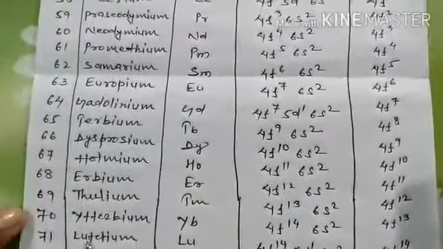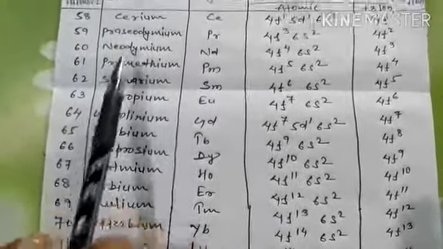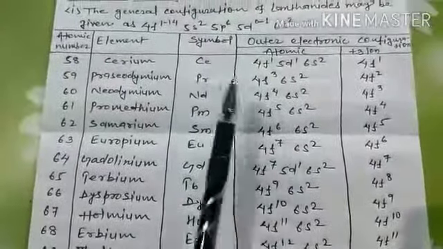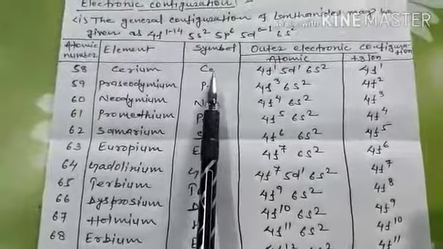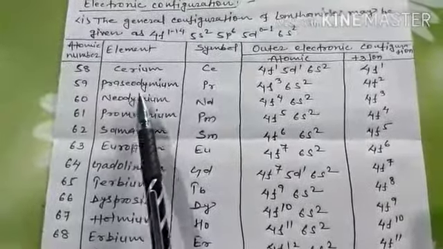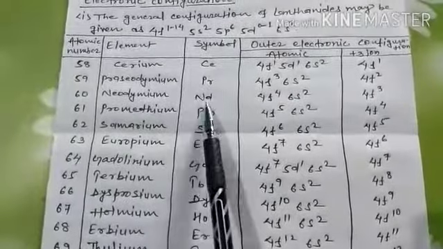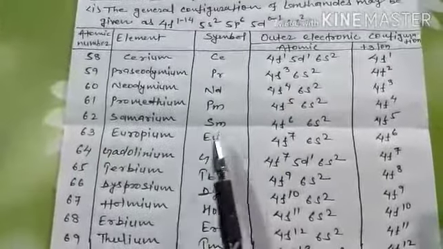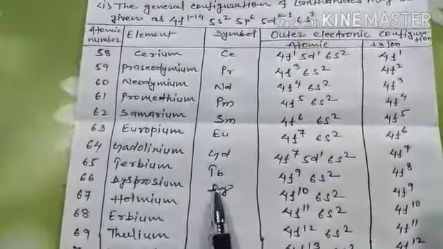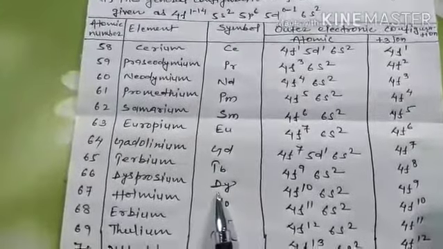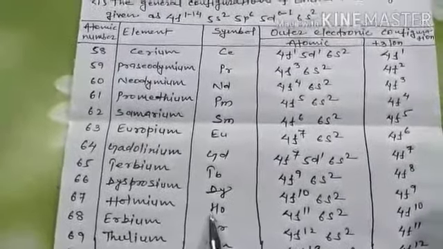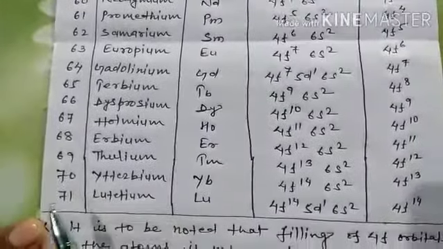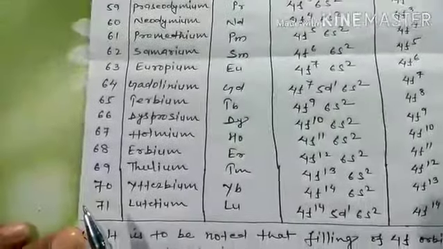And this is the atomic number of these elements, and this is the symbol of these elements: cerium, Ce, praseodymium, Pr, neodymium, Nd, promethium, Pm, samarium, Sm, europium, Eu, gadolinium, Gd, terbium, Tb, dysprosium, Dy, holmium, Ho, erbium, Er, thulium, Tm, ytterbium, Yb and lutetium, Lu.